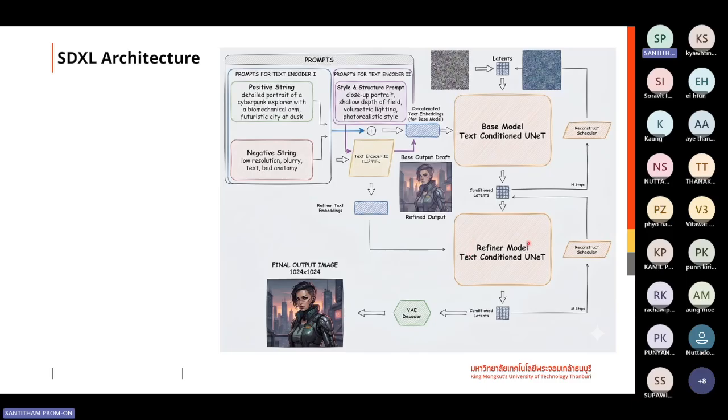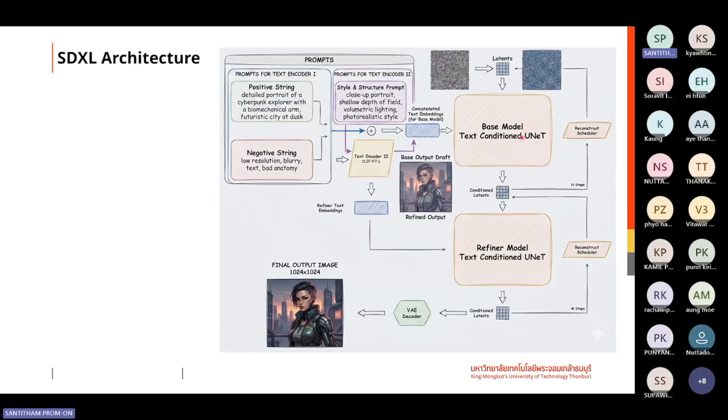So it means that you can have two versions of the prompt. They can be the same, but that would be repeating the same thing, or they can be different, like close-up shot, shallow depth of field, and the style. This should be put in the refiner, and the composition should be put in the main prompt. Okay, this is the composition of SDXL.